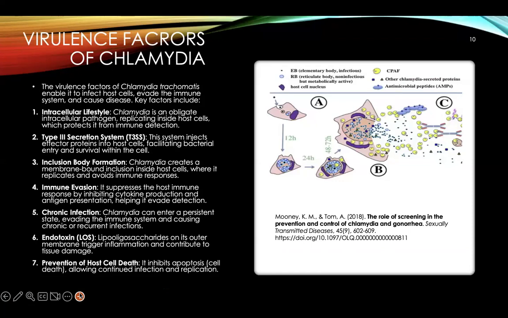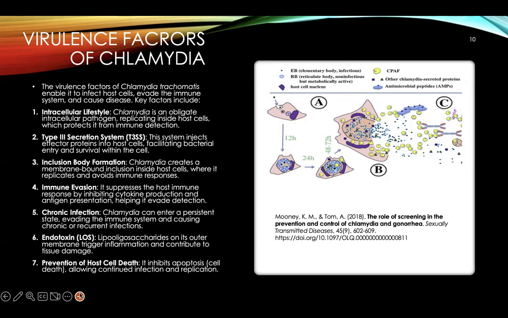Here we're going to discuss some virulence factors of chlamydia. The virulence factors of Chlamydia trachomatis enable it to infect the host cells, evade the immune system, and cause disease.